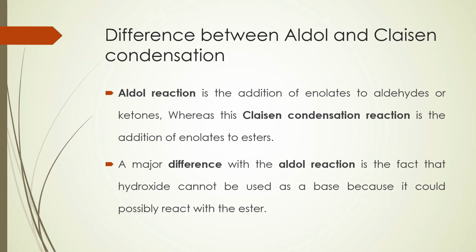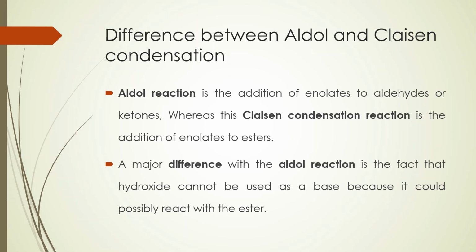If you remember from my last video, in aldol reaction there are two mechanisms. One is the base catalyzed aldol condensation and the other is the acid catalyzed aldol condensation. In base catalyzed aldol condensation, we use sodium hydroxide as a base because there is no possibility of reaction of sodium hydroxide with aldehyde or ketone.